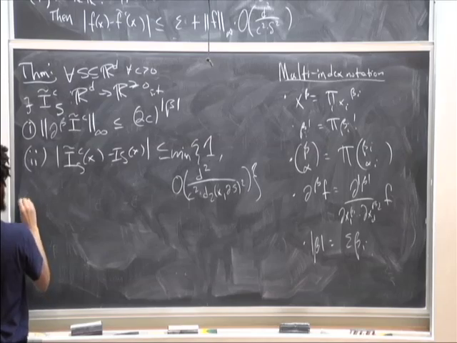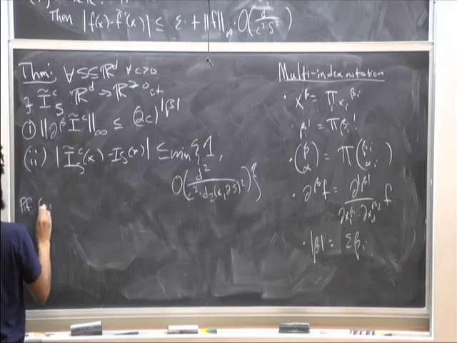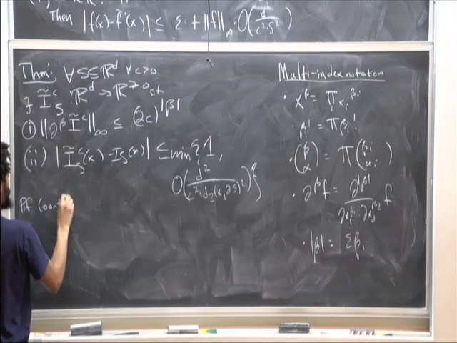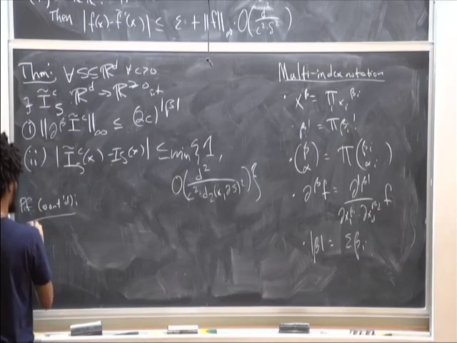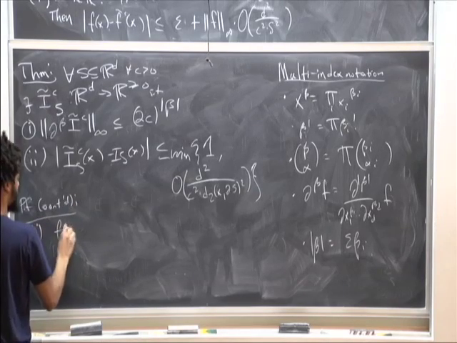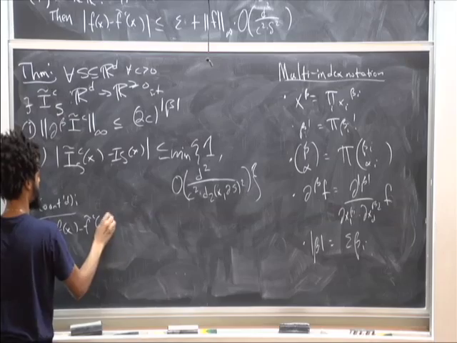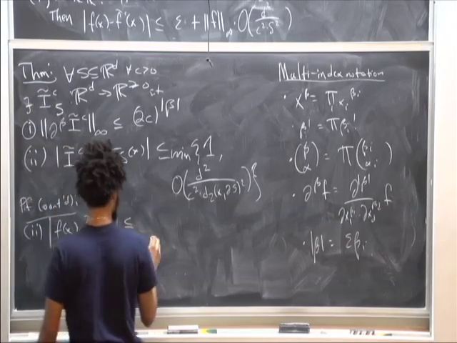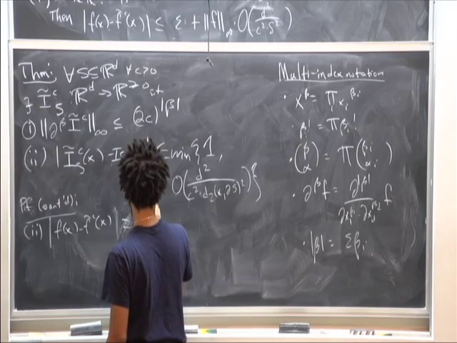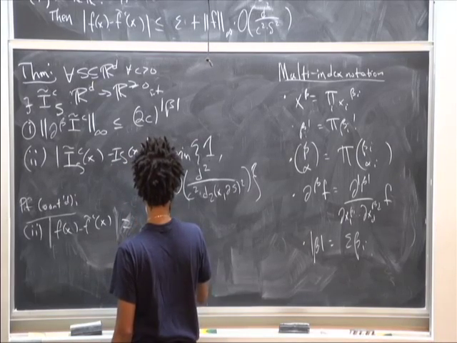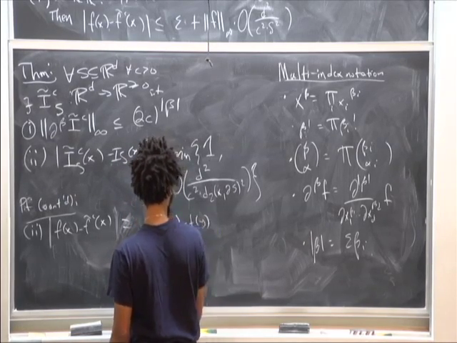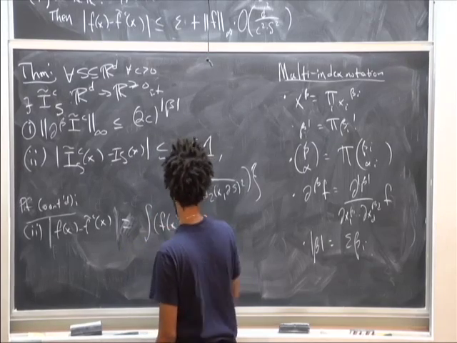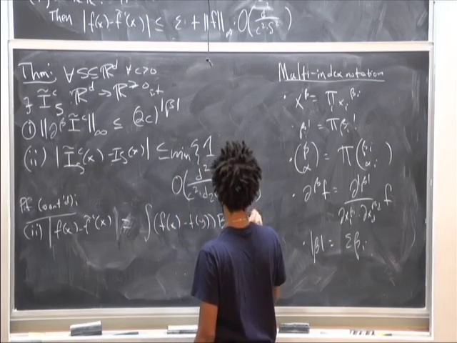Okay. So for 2, proof continued. We have that f of x minus f tilde c of x, or let me not even put the absolute values yet, is equal to the integral of (f of x minus f of y) times B of x minus y.